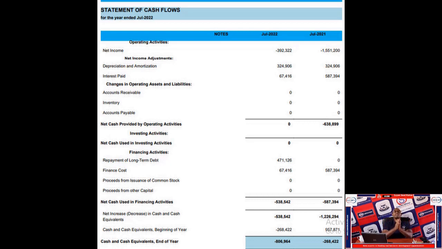Then you adjust those with your current liabilities, right? Current liabilities are your trade creditors and other creditors. So when you look at the current liabilities, you take the difference between the balance at the beginning of the year and the balance at the end of the year.